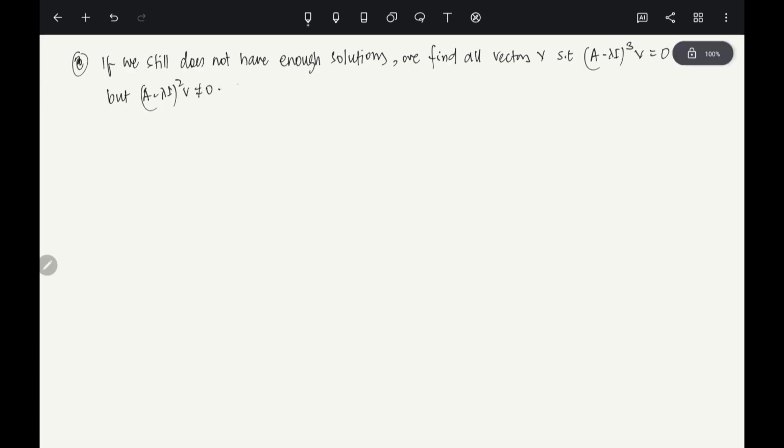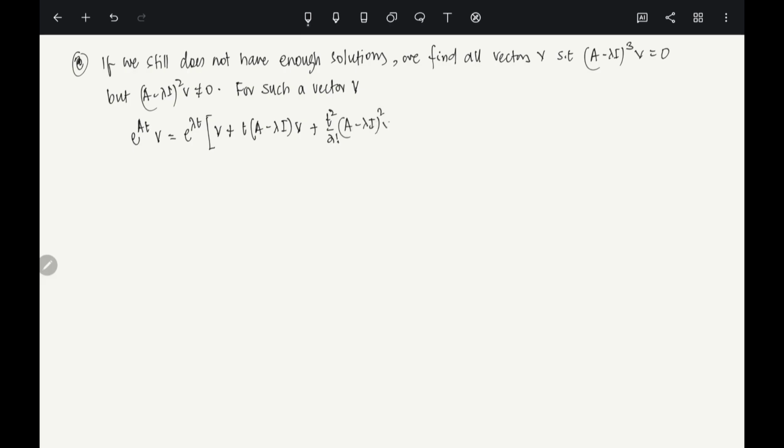So for such a vector v, what do you have? e^(At) v is nothing but e^(λt) v plus t times (A − λI) v plus t²/2! (A − λI)² v.